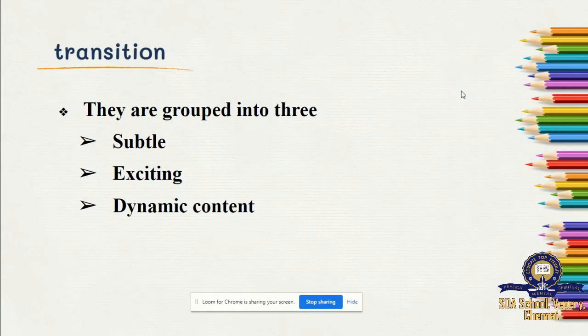So that comes under subtle transition. Exciting: checkboxing, blinding, rippling, spinning, everything will come under exciting because that is very exciting. Dynamic is a fast pace, opposite to supple. It will be moving very fast, like a conveyor, rotator, all this will come under dynamic. So whichever one you want, you can select.